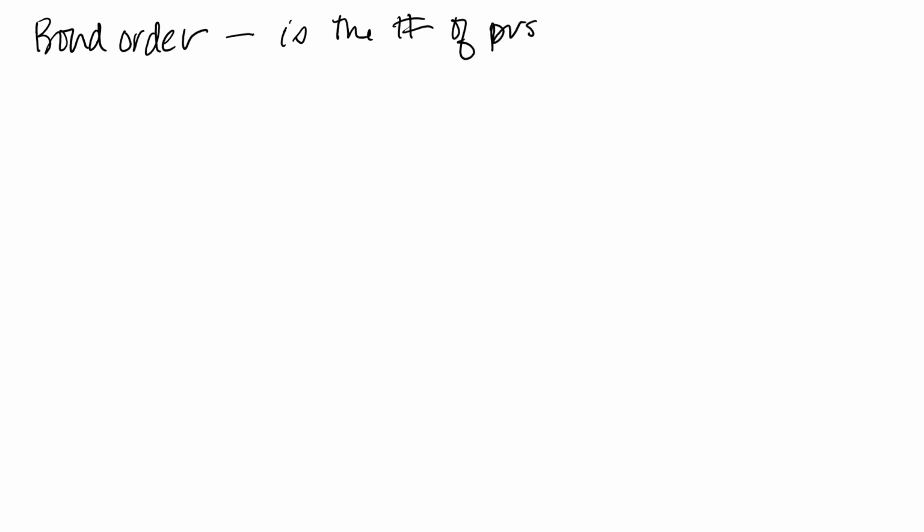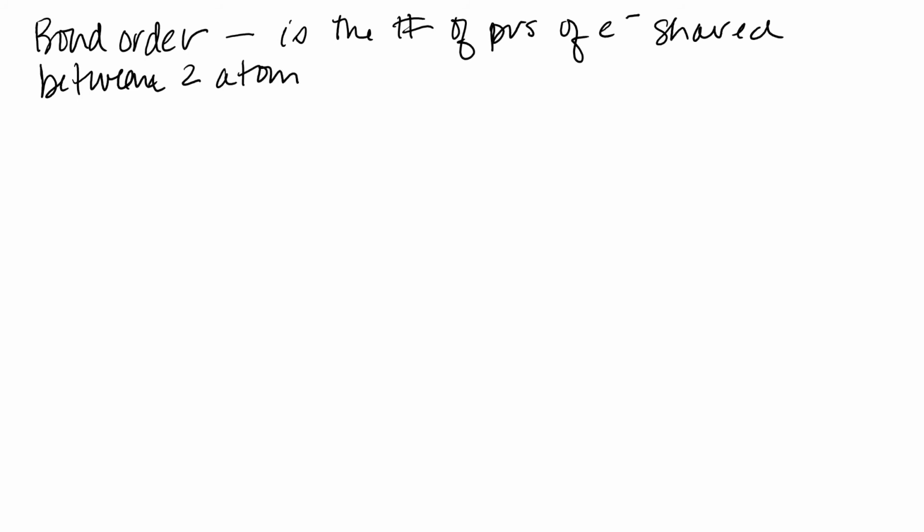So now we're going to talk about something called bond order. And basically this is the number of pairs of electrons that are shared between 2 atoms.